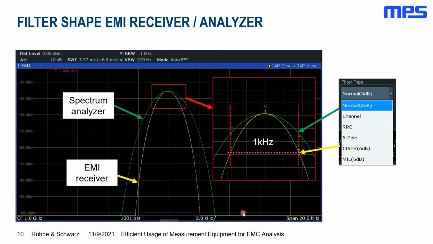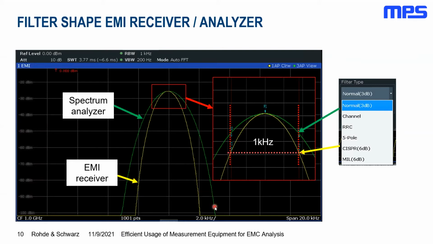Regarding the filter shape, for the spectrum analyzer here in green, we're seeing the 3 dB filter is wider, meaning the filter bandwidth is achieved at a minus 3 dB attenuation, while for the yellow trace we are seeing it's deeper, thus more selective. And as we are seeing, the filter shape is opening up to the ground.